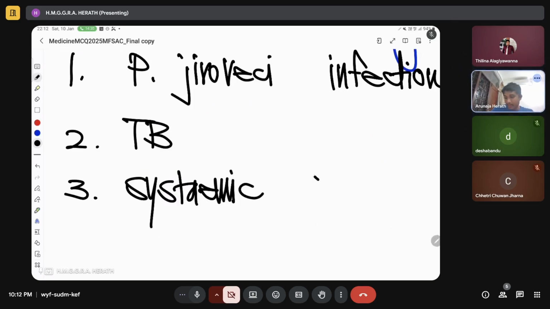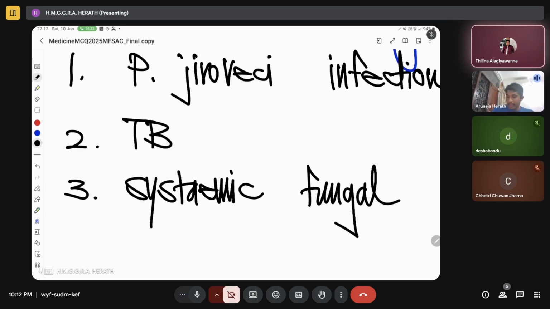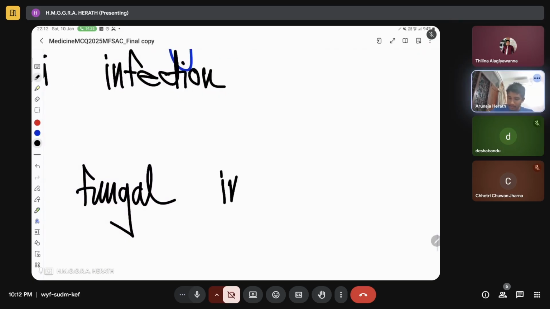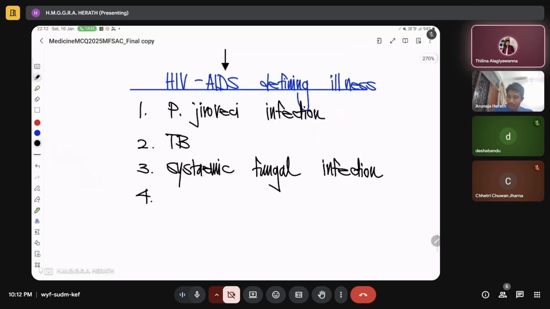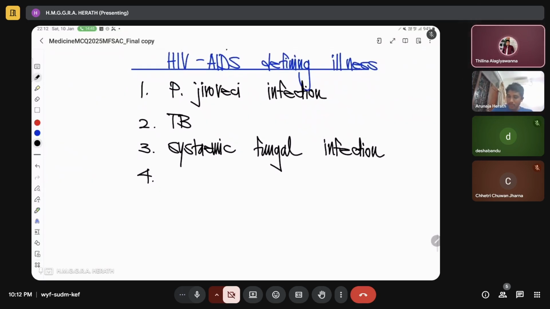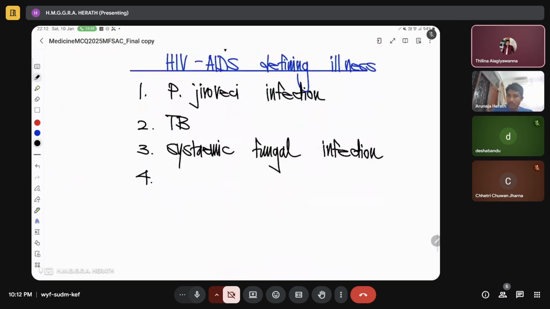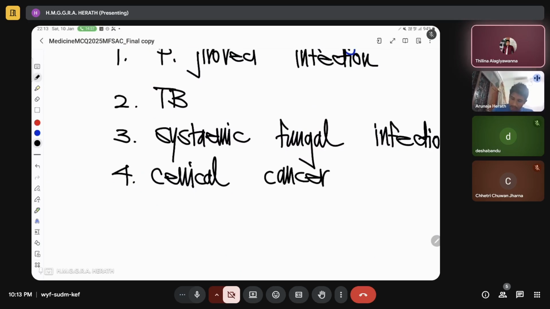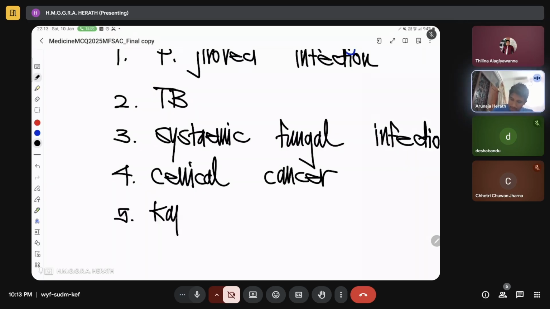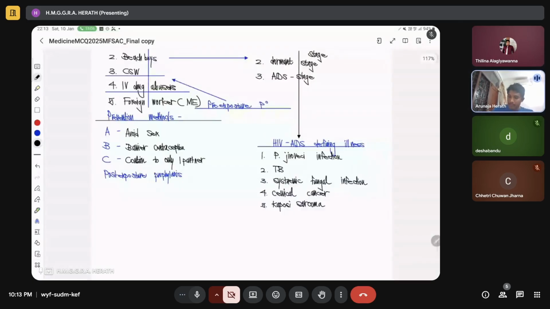Especially like what? Candidiasis. Anything else? Cervical cancer is also an AIDS defining infection. And then Kaposi sarcoma. If diagnosed in a patient, you need to check for AIDS. So these are the AIDS defining illnesses.